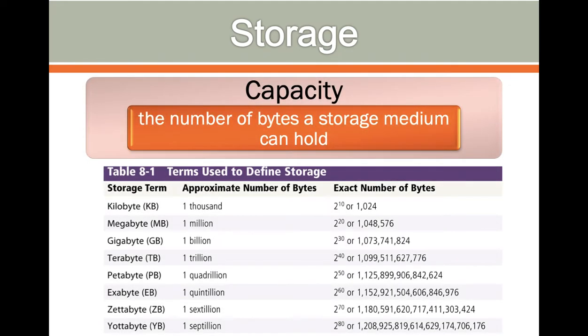So the capacity is the number of bytes a storage medium can hold. For example, we have a table of terms used to define storage: kilobyte, megabyte, gigabyte, terabyte, petabyte, exabyte, zettabyte, and yottabyte, with the approximate number of bytes and exact number of bytes. Usually we use gigabytes or GB, like 8 GB or 16 GB.